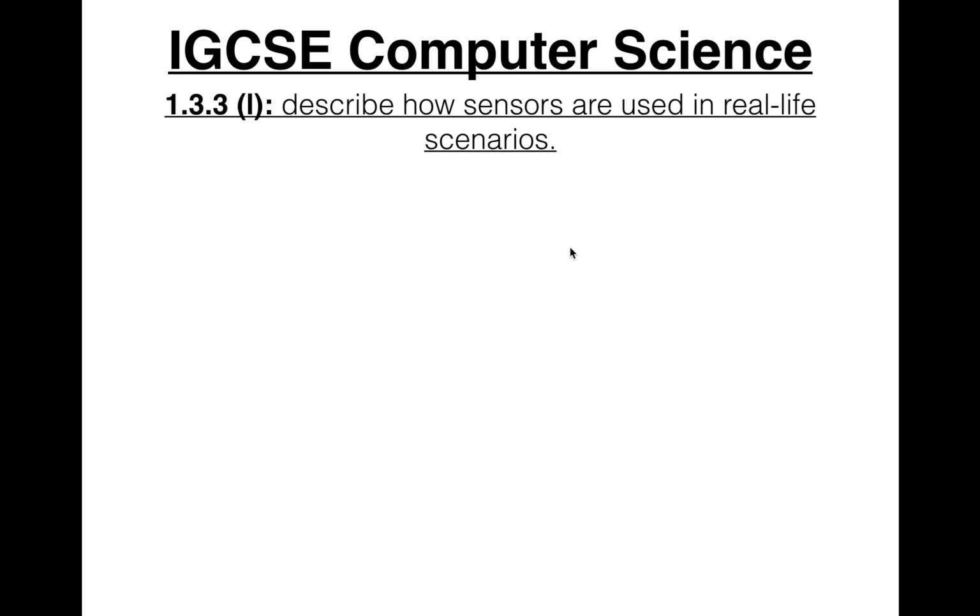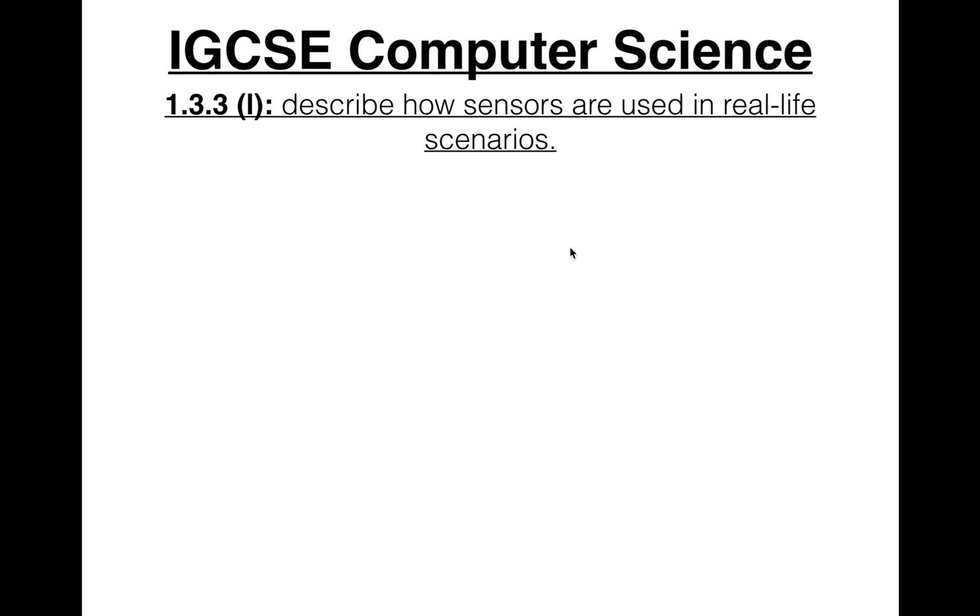This is where we have to learn about the sensors and know how to apply them in scenarios that the exam gives you. Now, we don't know what the exam is going to give us. It's going to give us something like, a greenhouse has a carbon dioxide supply, describe how a microprocessor and a gas sensor could be used to control it.